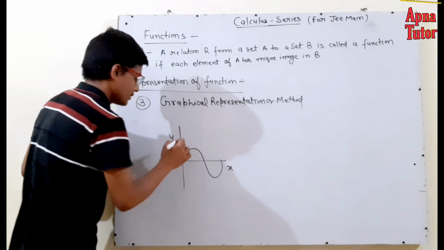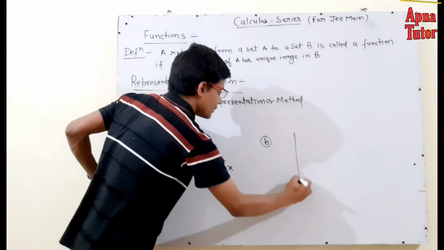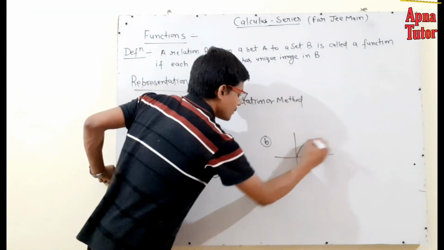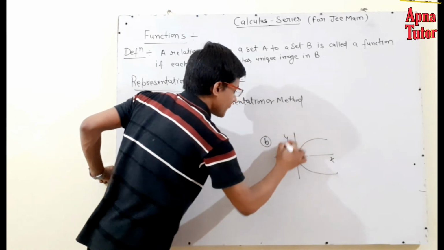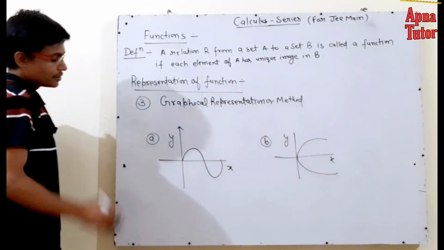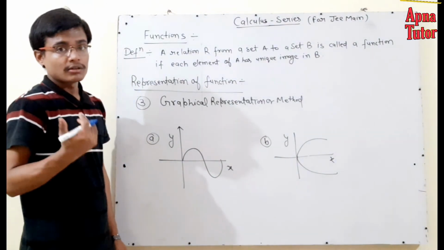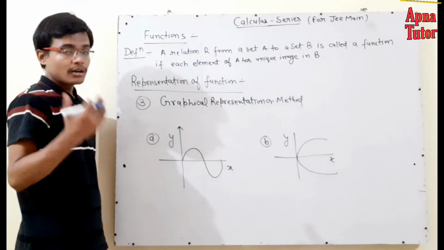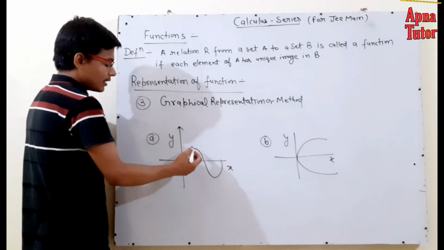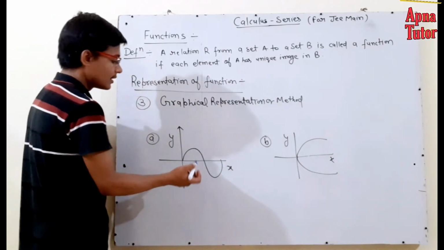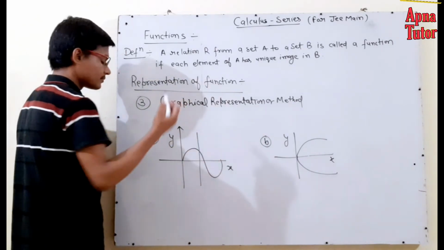And for the second, this is your x and this is your y. To check whether a given graph is a function or not, you can draw a vertical line parallel to the y-axis.